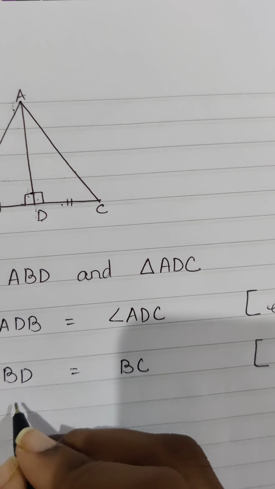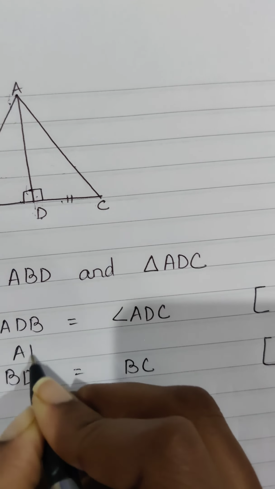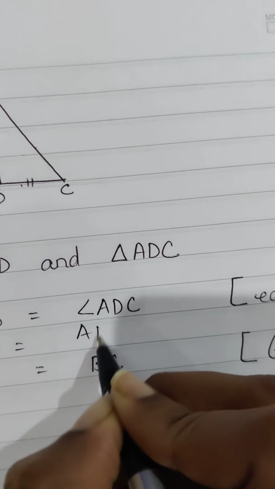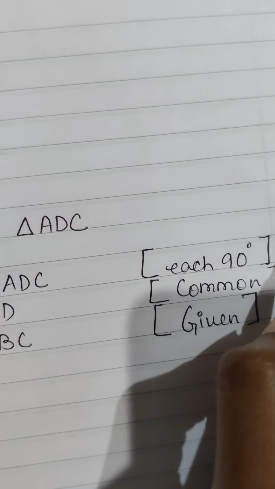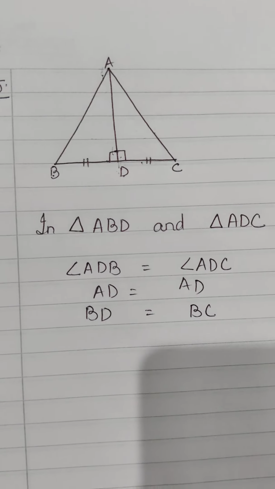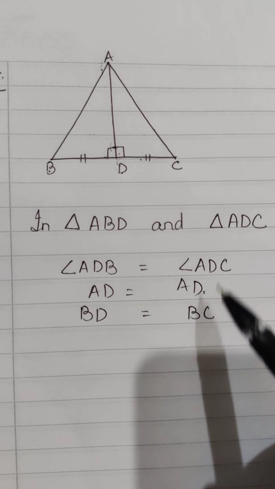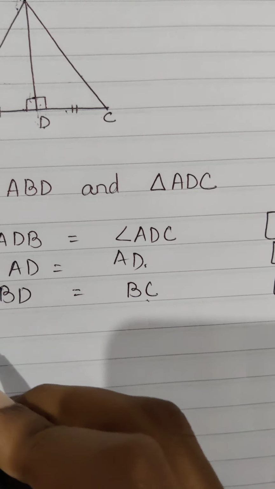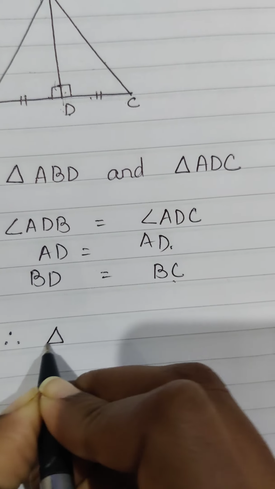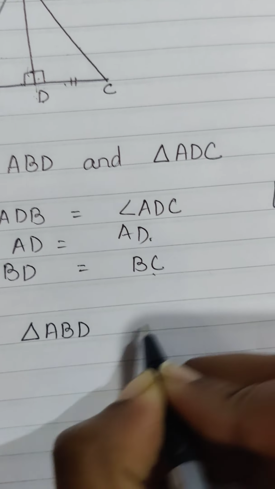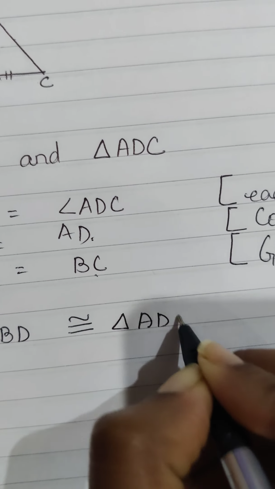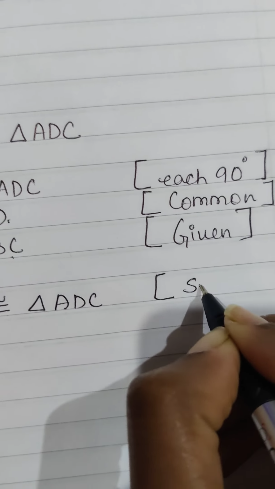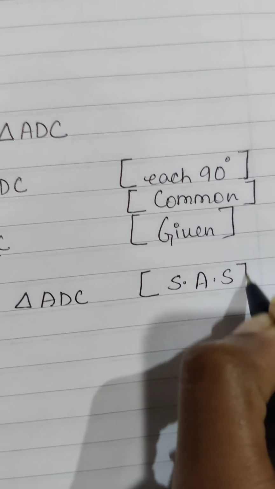So again, that also we can write. AD is equal to AD. The reason will be common. Okay. So again, three things we have got: side, angle, side. So we'll write, therefore, triangle ABD is congruent to triangle ADC. By which rule? Side, angle, side.